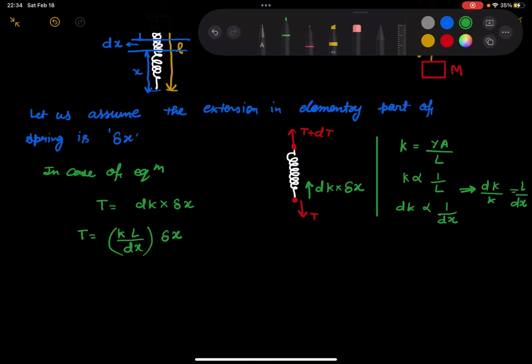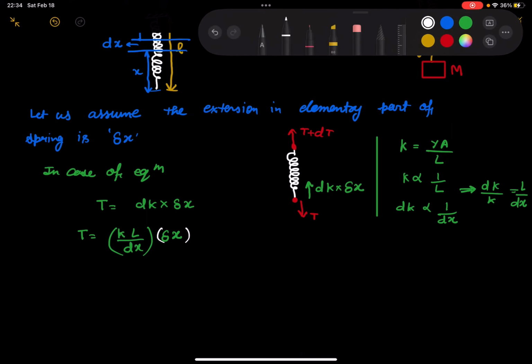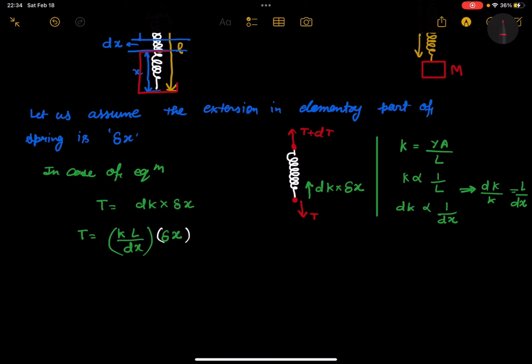And please don't be confused: delta x is the extension in the spring and dx is the elementary length of the spring. Now my dear friend, what is the tension? Look at this part, the remaining part below the extension. The mass of this hanging part is m by L into x. So this mass into g is equal to the tension, so T is equal to m by L x g.